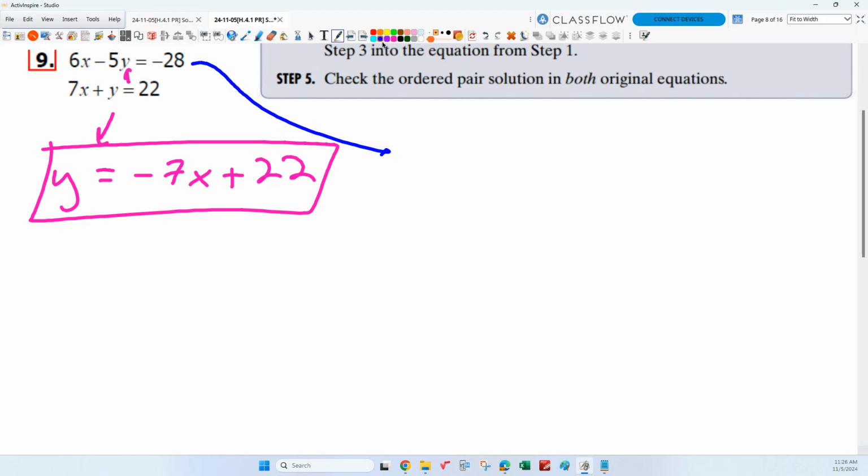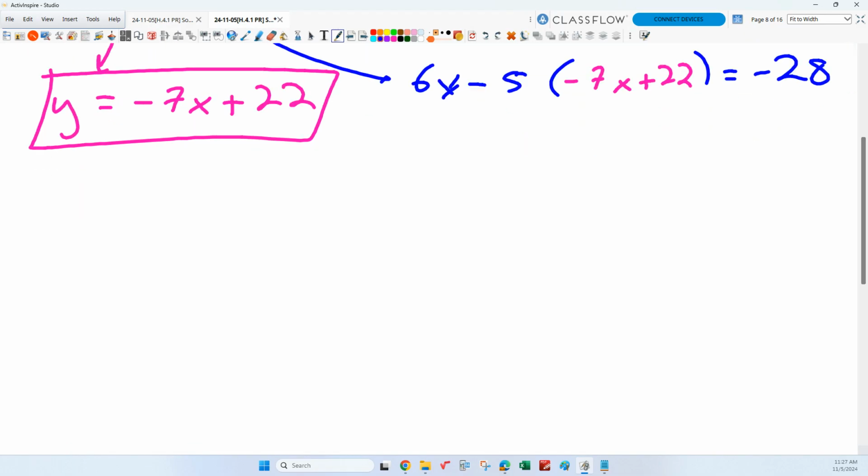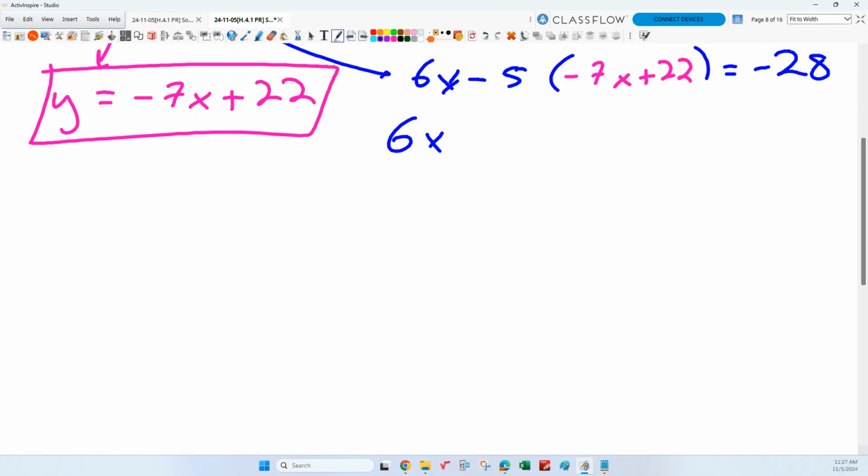I'm plugging in 6x. Ah, good. Okay, and I'm going to make that substitution. I'm going to replace the y with that expression, and all that is equal to -28. Okay, so then we just solve this thing, right? If I distribute the -5, what do I get? Plus 35x.